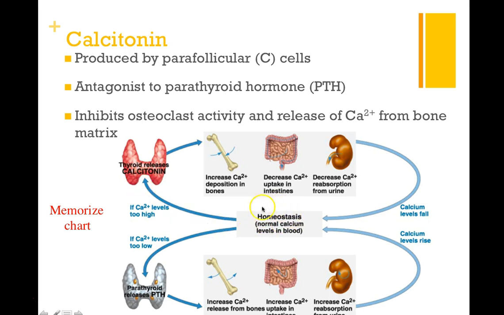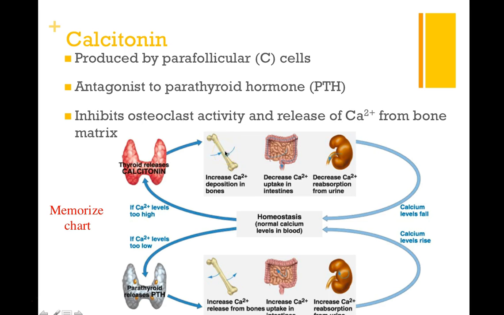We are at our homeostasis level, but then we have a situation in which we have too high of a calcium concentration within our blood, which typically is not going to happen. There has to be some type of major pathology taking place in order for calcitonin to be released. So the thyroid gland then senses this imbalance and will secrete calcitonin, which will go over and inhibit the osteoclasts surrounding the bone matrix.